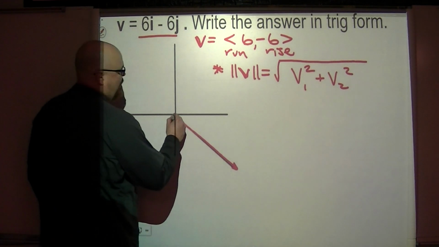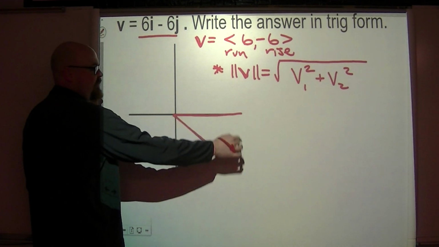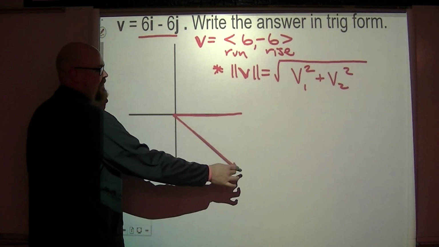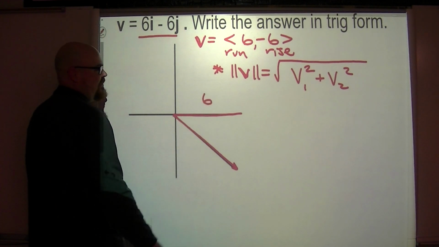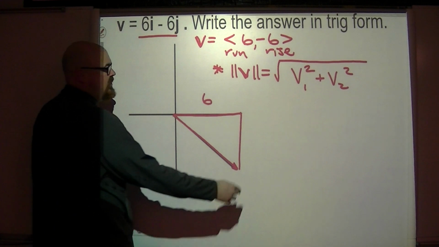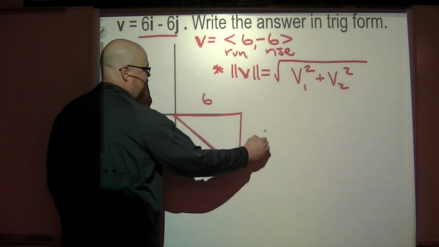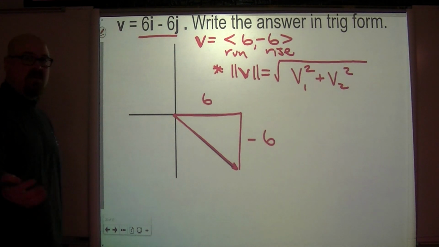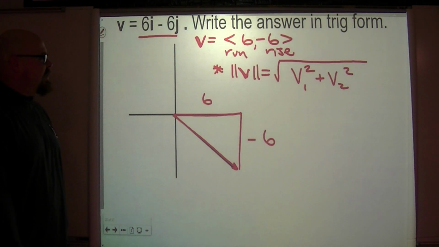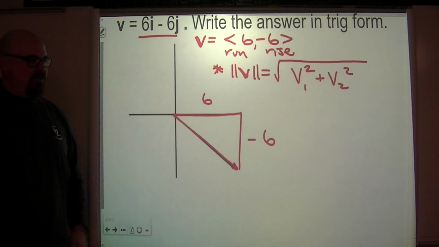So this distance was our run for this slanted line, this vector right here. That's 6. This distance was our rise, which we said was -6. Now, distance shouldn't be negative. I've been labeling these as negatives because I want to emphasize that point when we're doing the calculation of theta. But bear with me for a second.